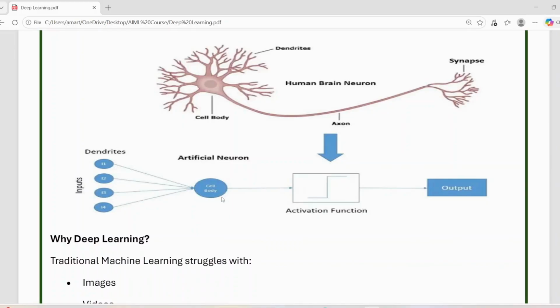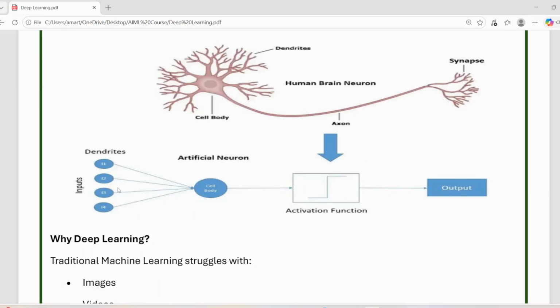Now step two will be the artificial neurons, which will take inputs and perform some calculations. Each input has some weight plus bias.